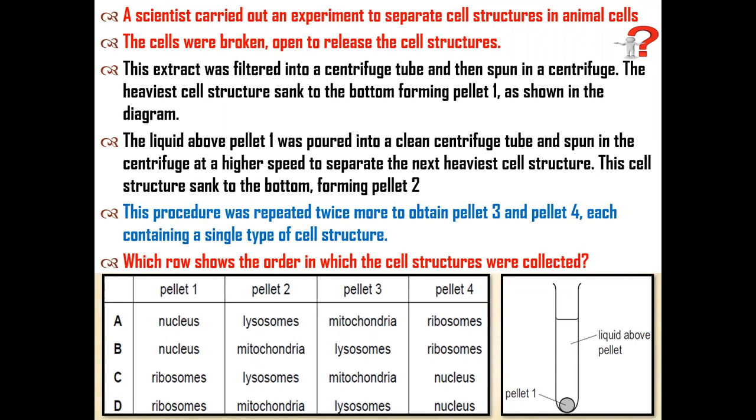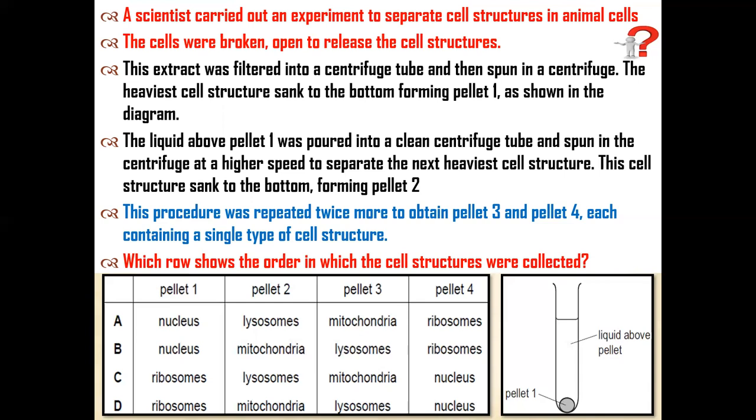We collected the heaviest pellet as pellet 1, then lighter pellet 2, then lighter still pellet 3, and the 4. Now the examiner is asking: which row shows the order in which the cell structures were collected?